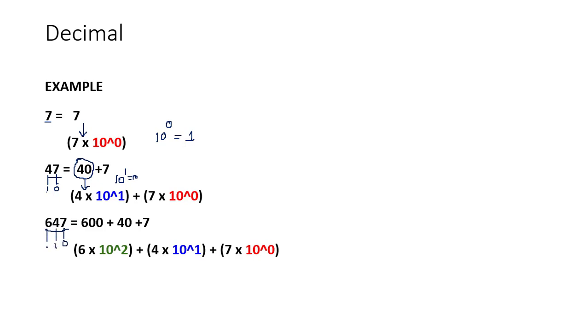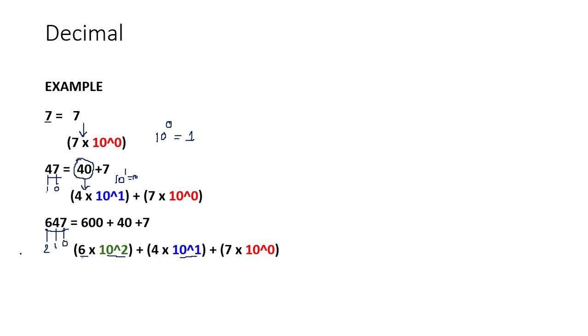This is 2. Right? So for 6, the multiplier is going to be 10 raised to 2. So 6 cross 10 raised to 2, then 4 cross 10 raised to 1, as we did earlier, and then 7 cross 10 raised to 0. And if you do that, 600 plus 40 plus 7. So any decimal number can be represented or thought of like this.